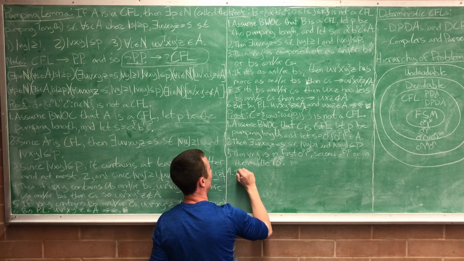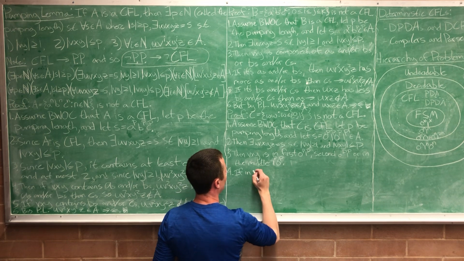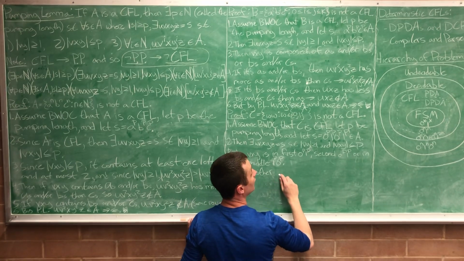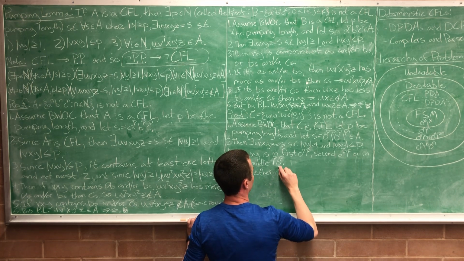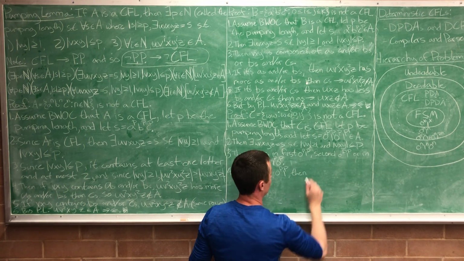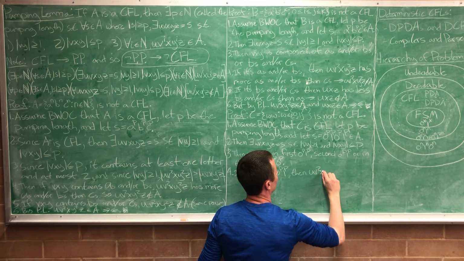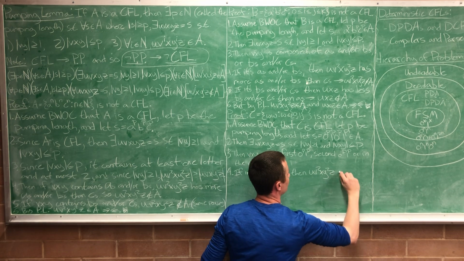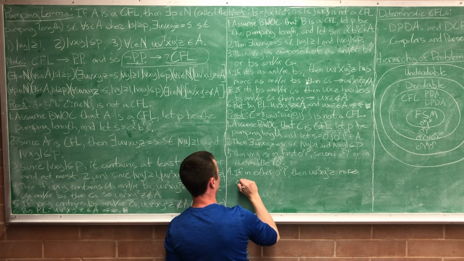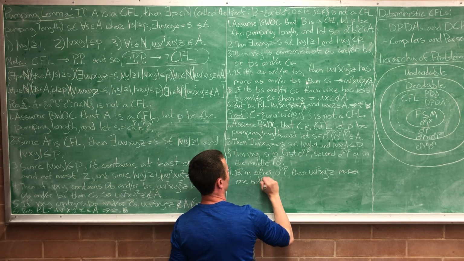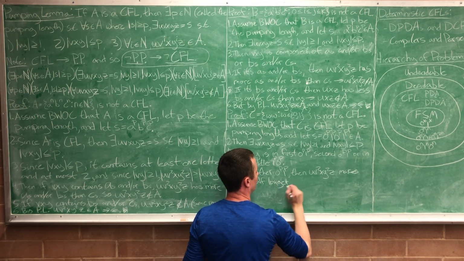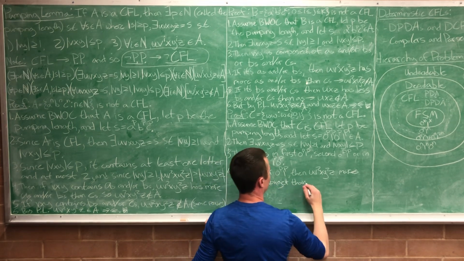If it's in either 0 to the p, 1 to the p, then u v squared x y squared z makes one half longer than the other.